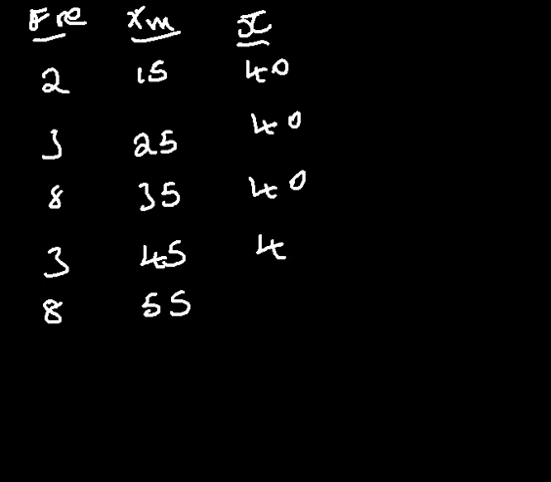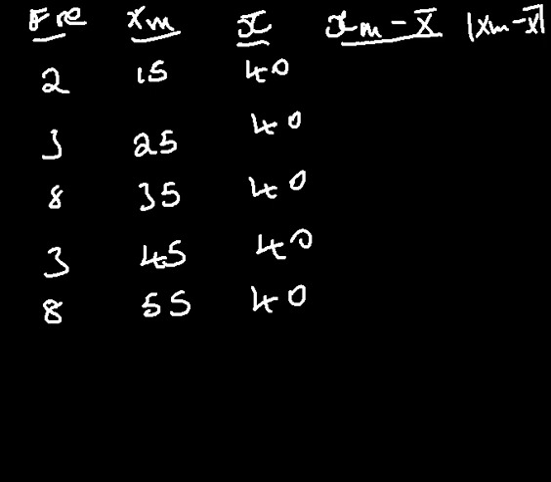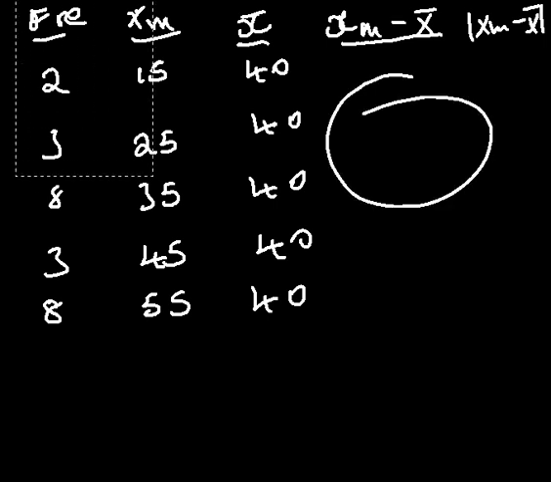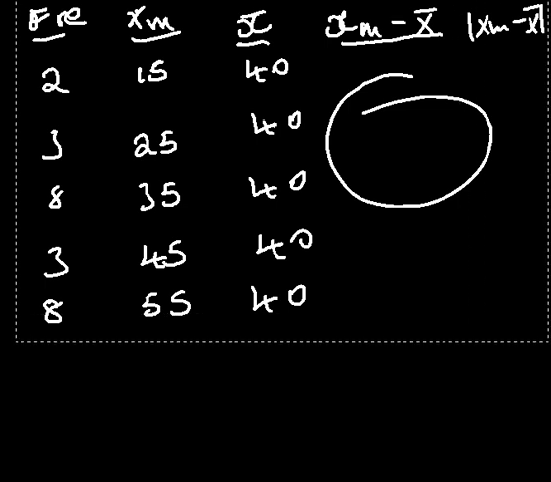And we need the midpoint, since this is grouped data, minus the mean, and we'll have the absolute value of that. So try to complete this on your own. And also try to find the mean deviation if we have this information.